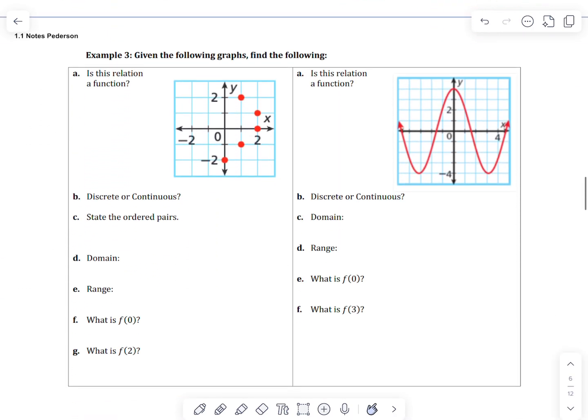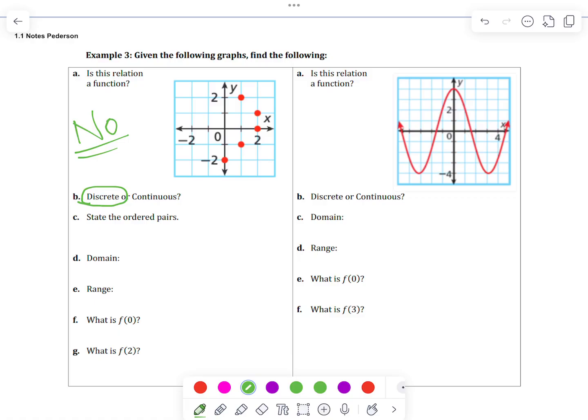All right. Now we have some graphs. Example A is considered a discrete function. Why it's discrete is because the points do not connect. And this is not going to be a function.